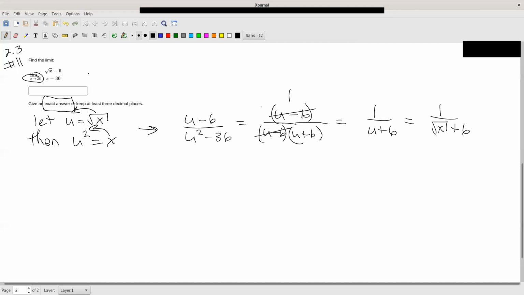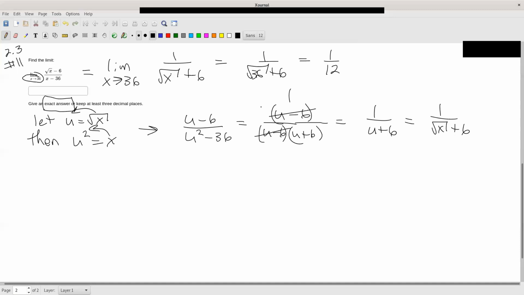So this limit right here is equal to the limit as x approaches 36 of 1 over square root of x plus 6. And if I cheat and plug in, I get 1 over square root of 36 plus 6, which is 6 plus 6, or 1/12. So I should see this limit goes to 1/12.